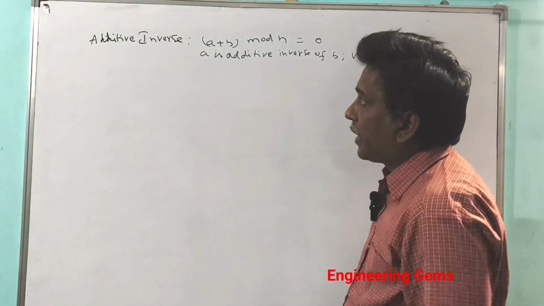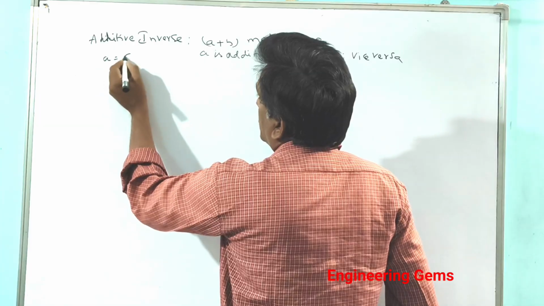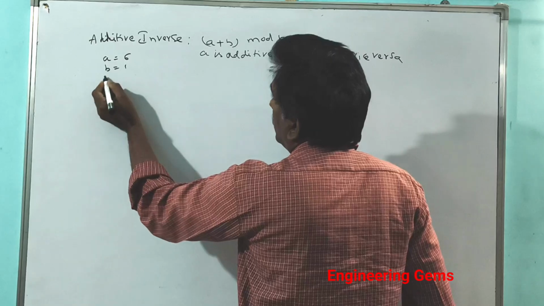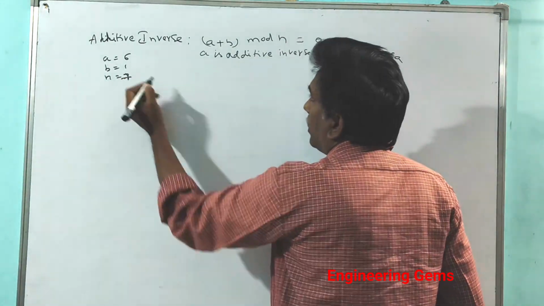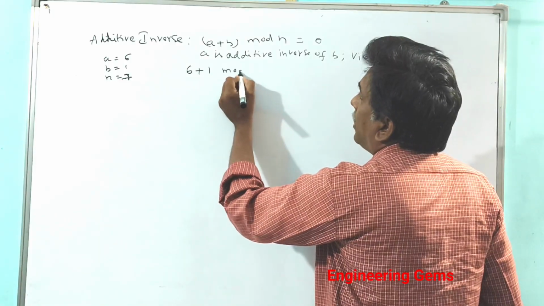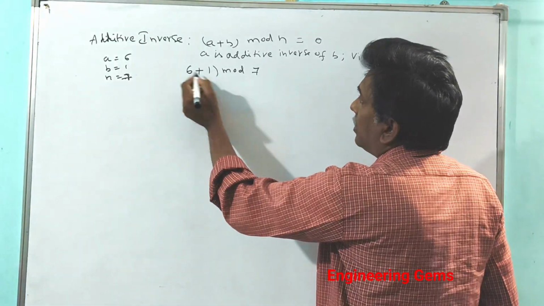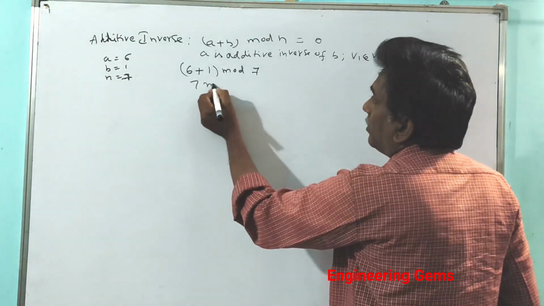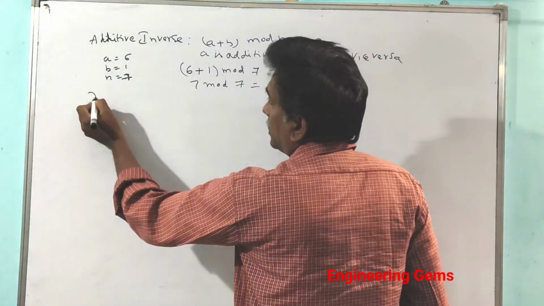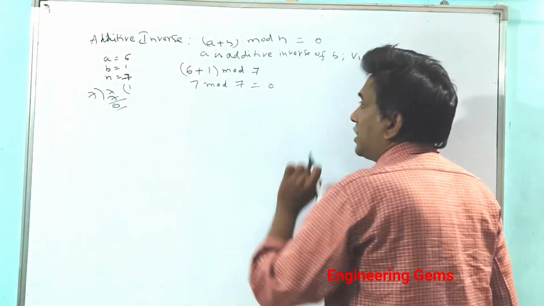So, for example, if you take a equals 6, b equals 1, under modulo n equals 7, then 6 plus 1 mod 7. 6 plus 1 is nothing but 7. 7 mod 7 equals 0, because 7 divided by 7 is 1, and the remainder is 0.